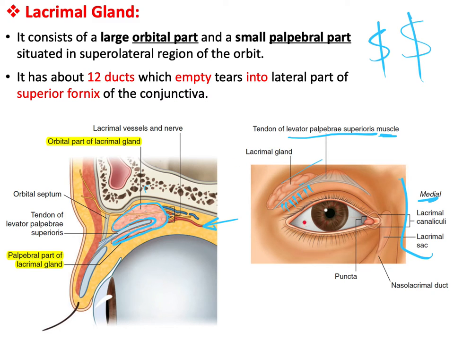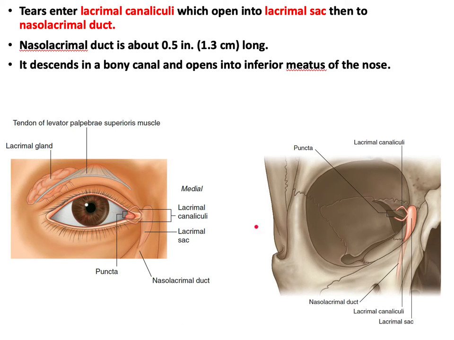So the secretion will be drained into the eye, lubricate the eye, nourish the eye, and wash out all, of course, the eye. Then the tears reach the two small canaliculi medially, right? One above and one below.